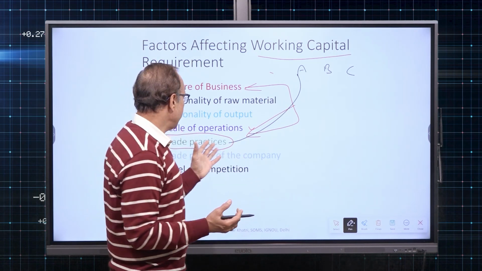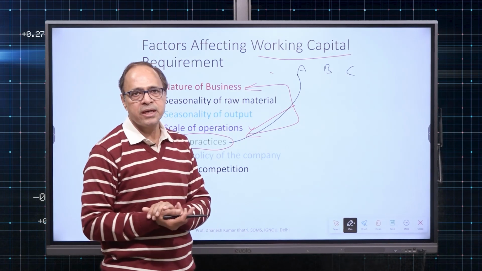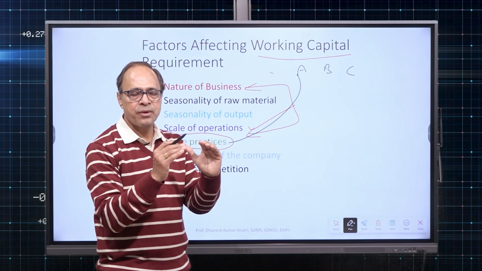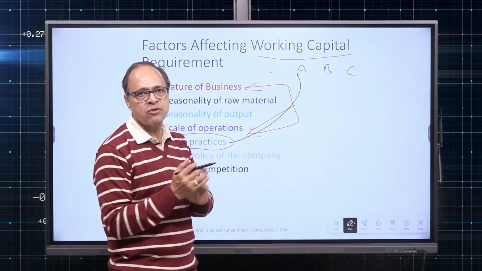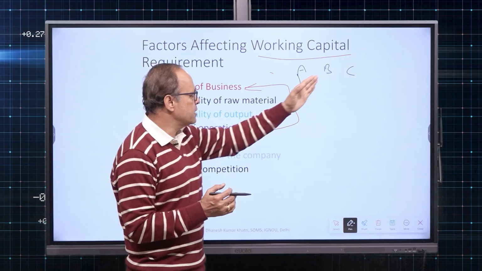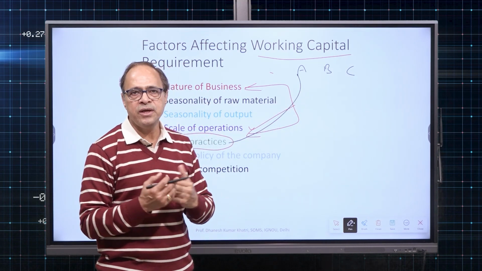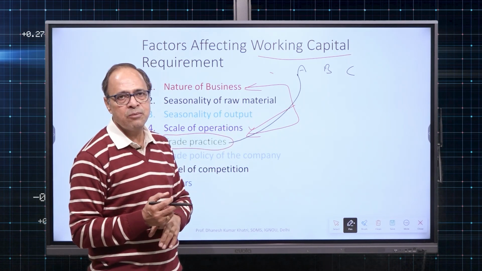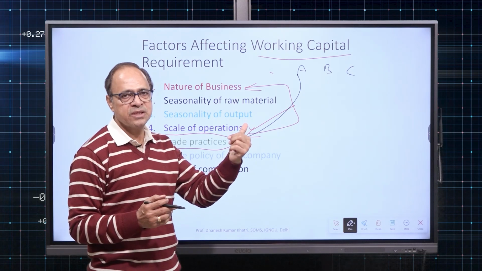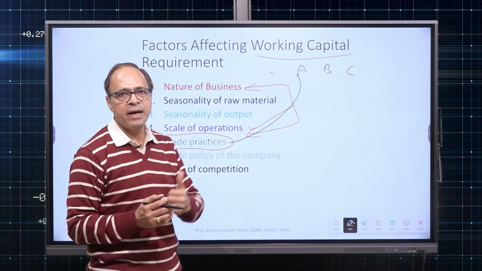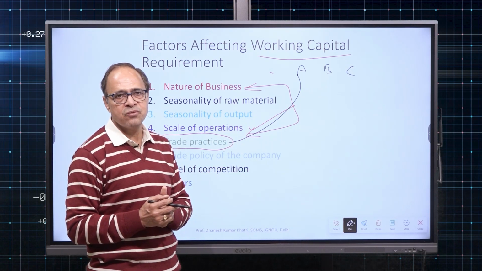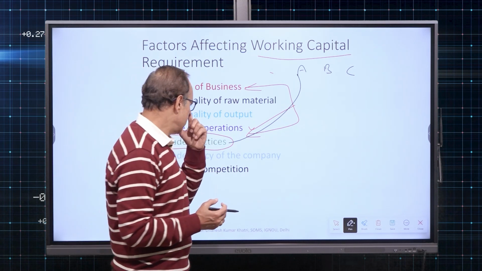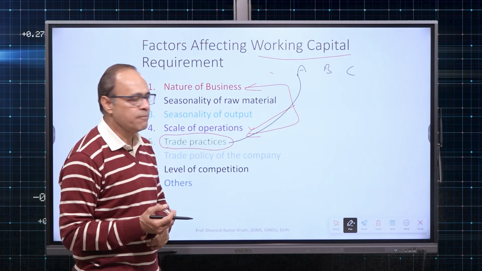So, now if your trade practice is giving credit only to A category customers, then probability is that sales will be low, your funds invested in receivables will be low, whereas your competitor is giving credit to every kind of customer, A, B and C. Then his investment in receivables will be very high, probability of sales is very high, and then yes, we might say chances of bad debts are also very high, chances of profit are also very high. So, risk is there. So, trade practice affects the investment in receivables.